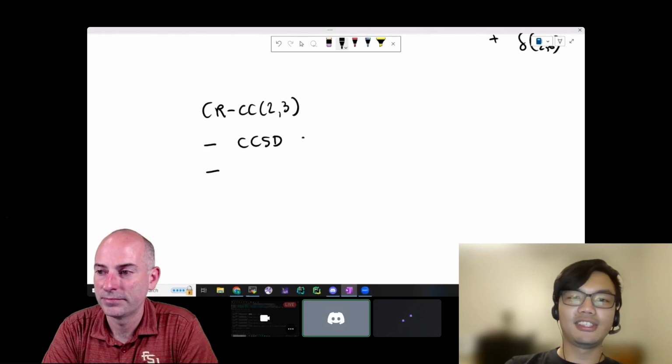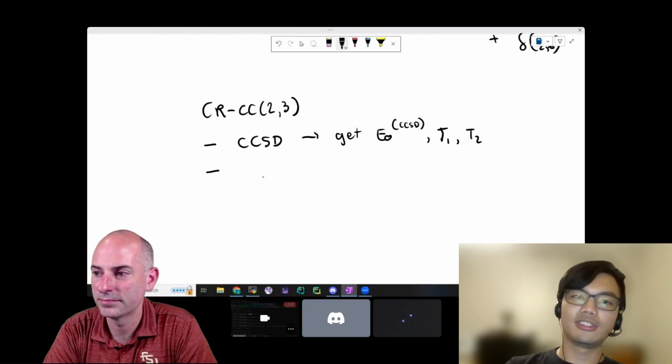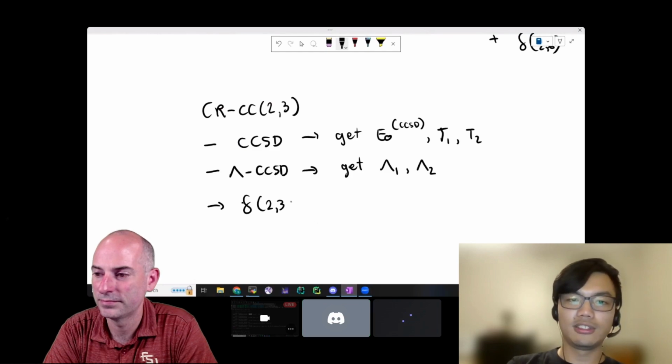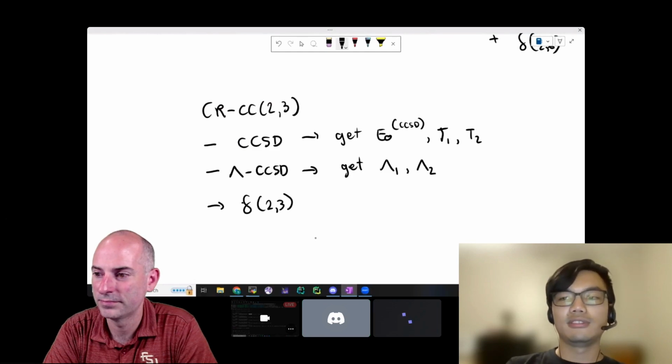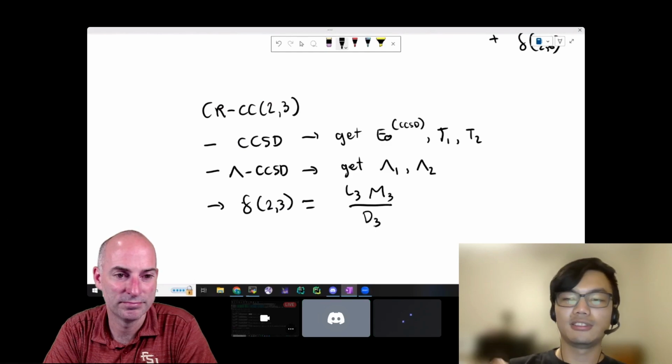So first, do CCSD, get the ground state energy, and then T1 and T2, and then do lambda CCSD. You get your lambda 1, lambda 2, and then you compute delta 2-3 equals whatever, L3 M3 over D3.